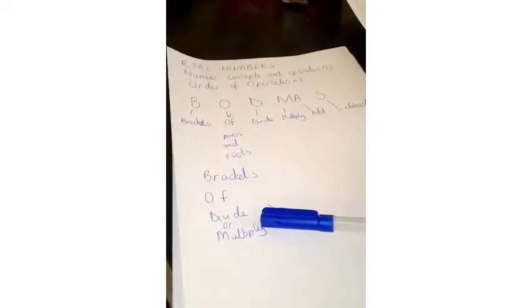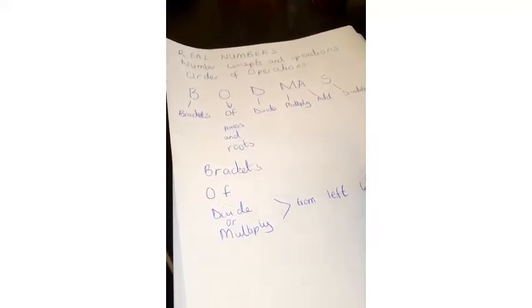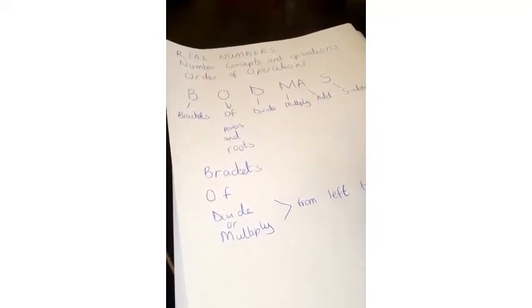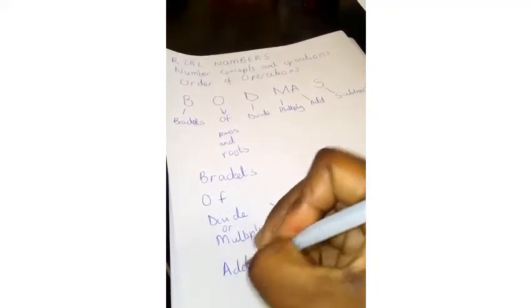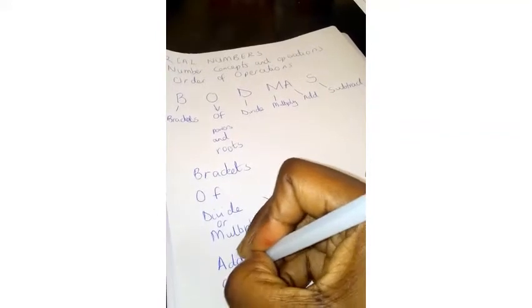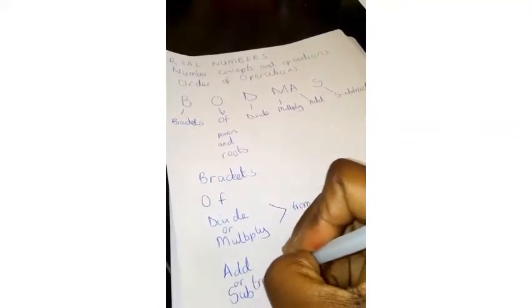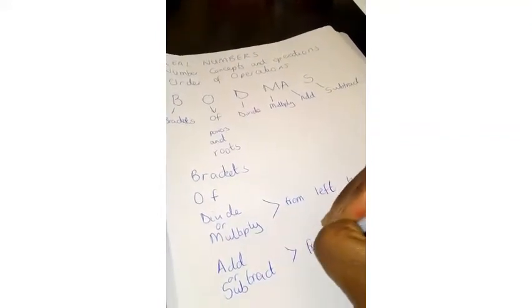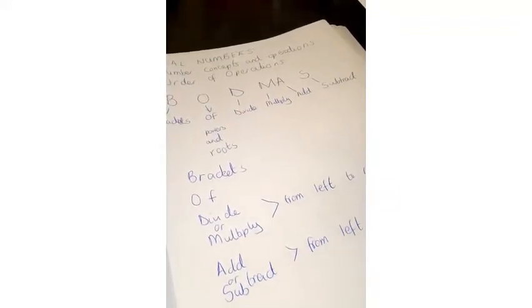For division and multiplication, they are on the same level, but you solve from left to right. And then next, you do addition and subtraction. These are also on the same level, and you solve from left to right.